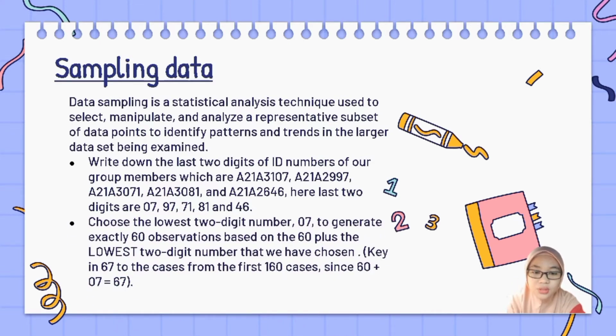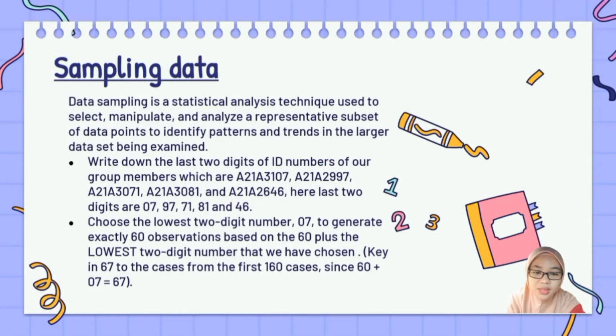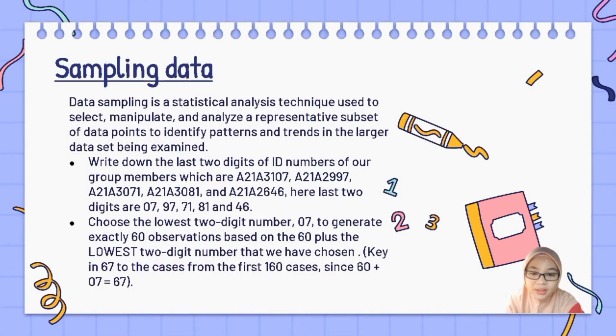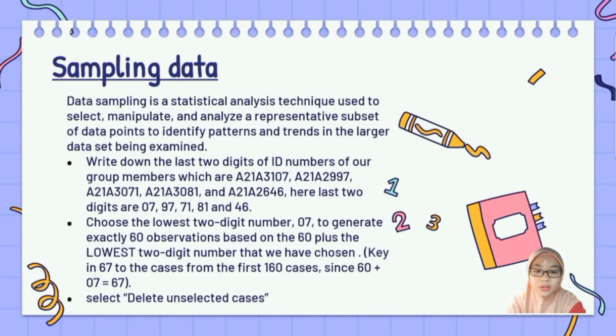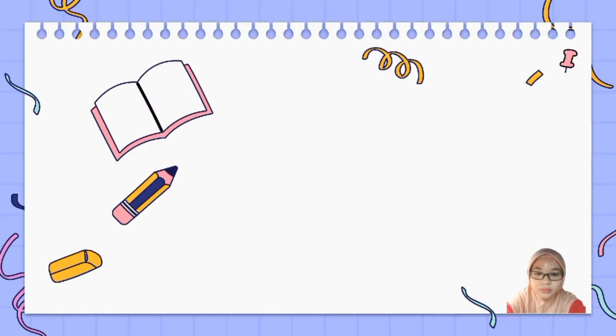Second, choose the lowest 2-digit number, 07, to generate exactly 60 observations based on 60 plus the lowest 2-digit number that we have chosen. Key in 67 to the case from the first 160 cases, since 60 plus 07 equals 67. Then, we select the unselected cases to get our random sample.